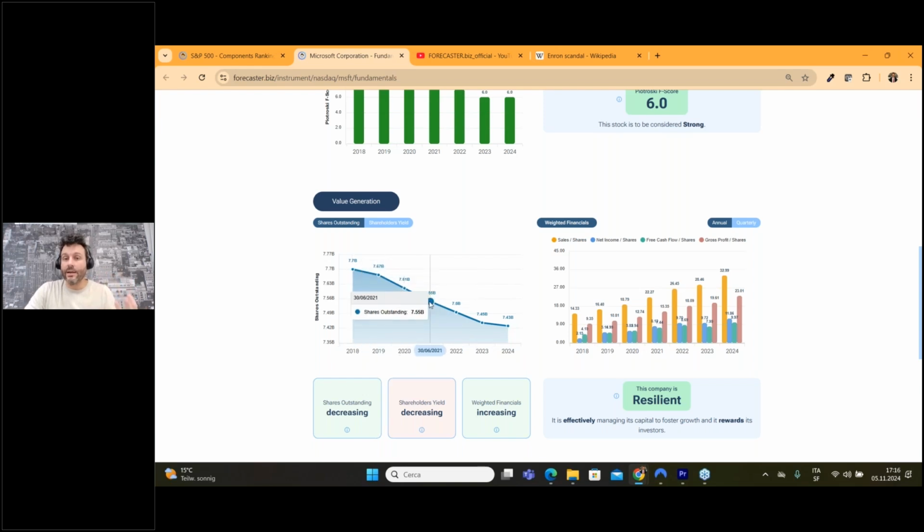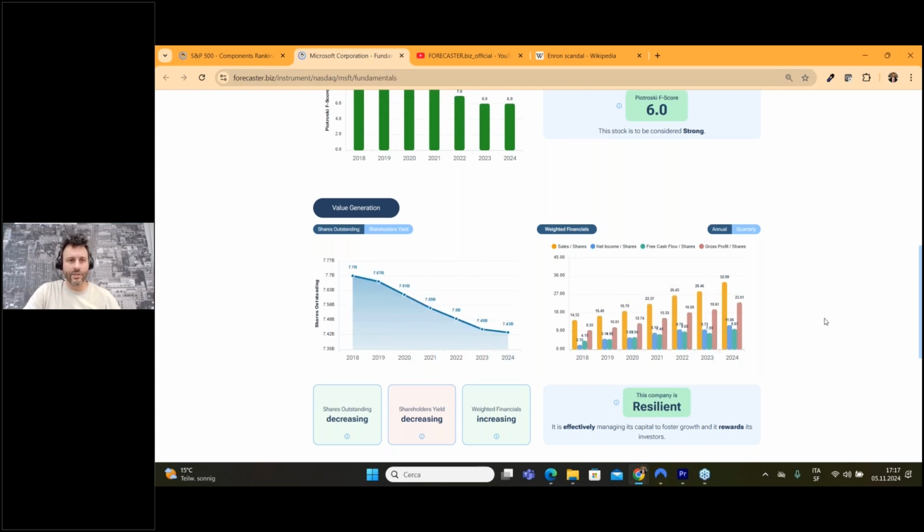And this is something really good for us investors, because a decreasing number of outstanding shares is good for our shares: their value increases if the company is buying and burning, let's say, the other outstanding shares.